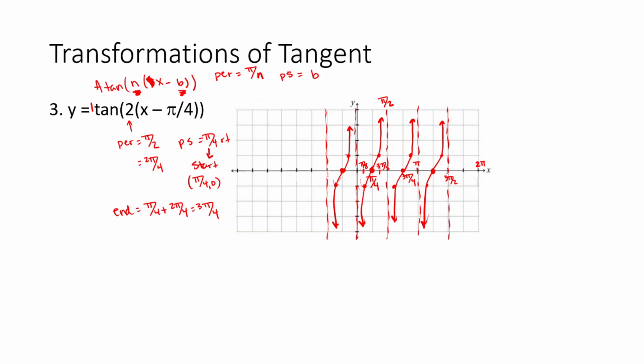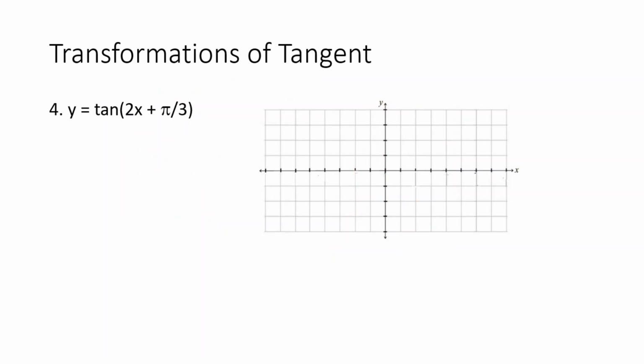Let me just show you one more thing. If the function is written in this manner, so I have a tangent of nx minus c, where the n value is not divided out, there's not an extra set of parentheses in here, then I need to divide the n out.